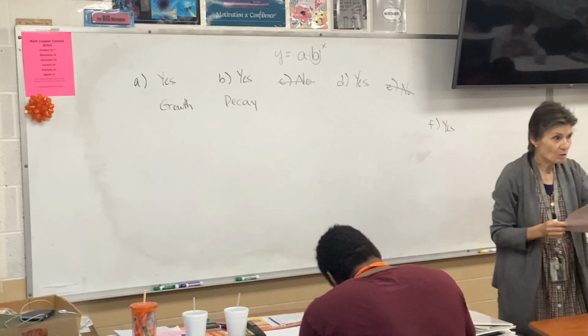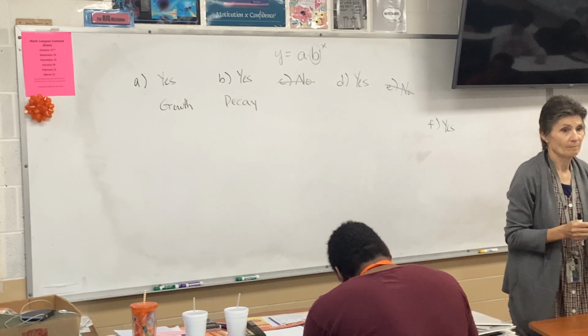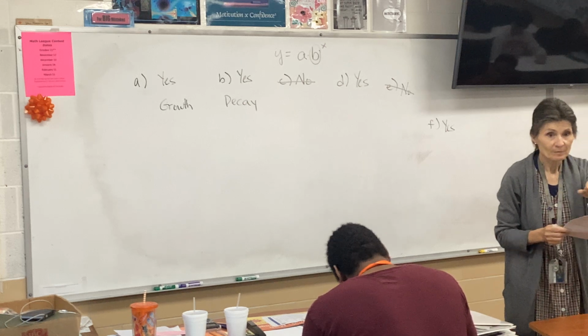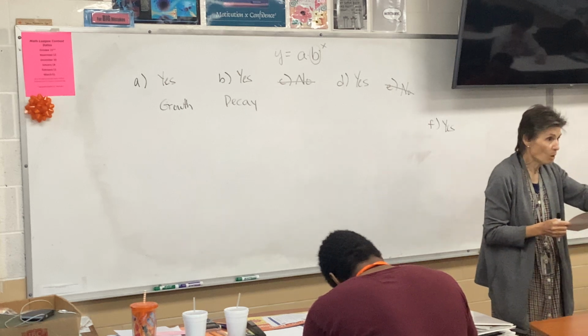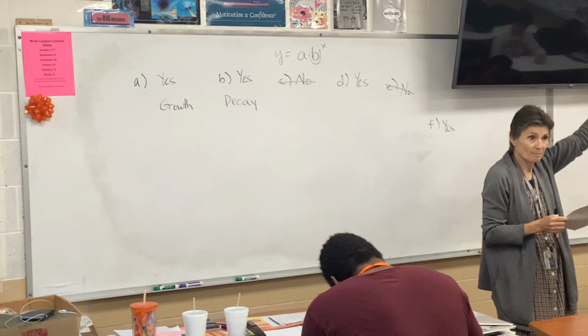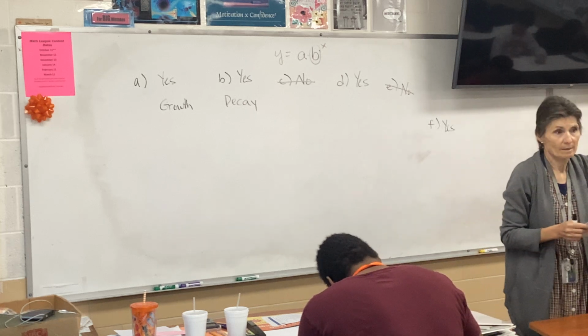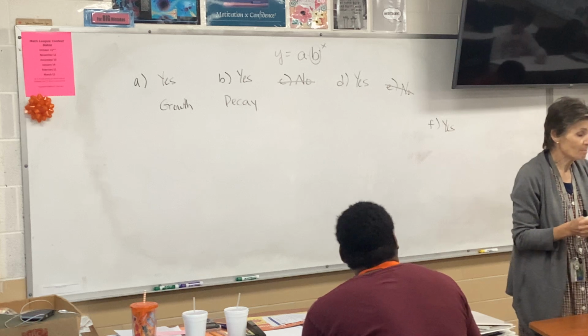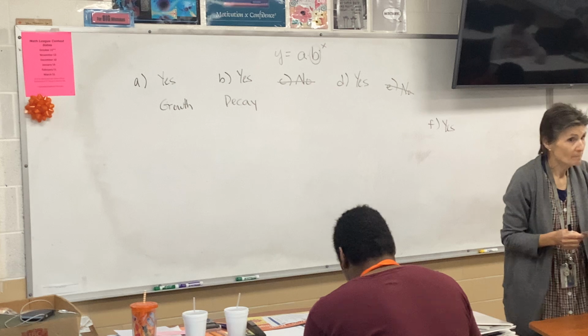What happens when you multiply something by a number bigger than 1? It grows. It gets bigger. If your base is bigger than 1, you're going to get bigger because you keep multiplying by 1.23. Now what happens in B is we're multiplying by 0.83.